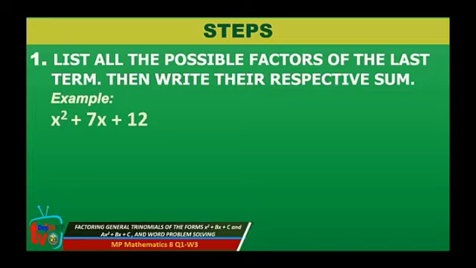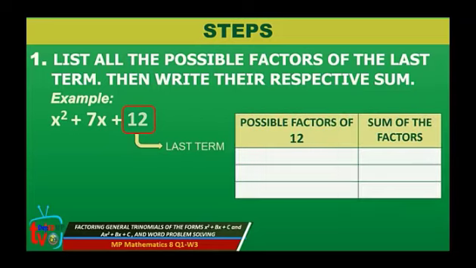In our example, the last term is 12, so the possible factors are 1 and 12 with a sum of 13, another 2 and 6 with a sum of 8, and 3 and 4 with a sum of 7.